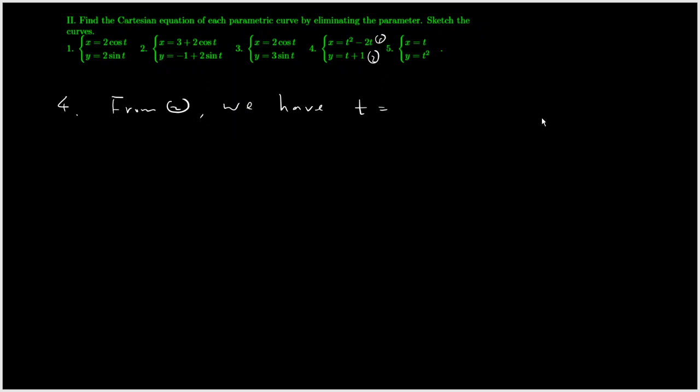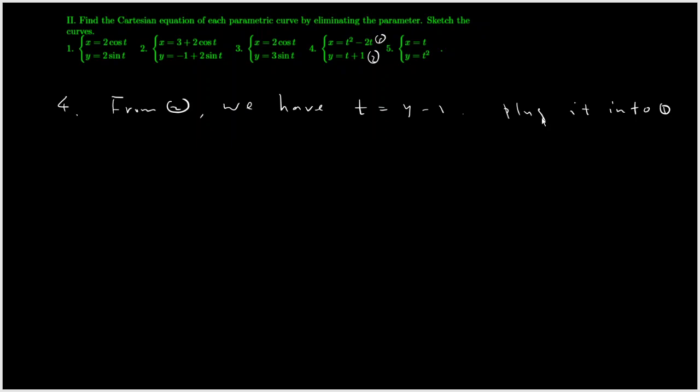From equation 2, we solve equation 2 for t. So t is equal to y minus 1, right? I do not have to give it a name. And then we plug it into equation 1. It's a kind of elimination.